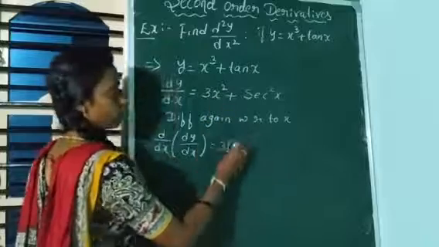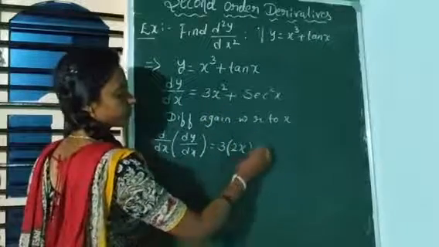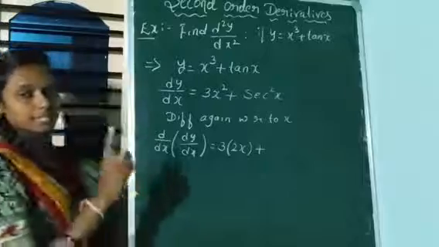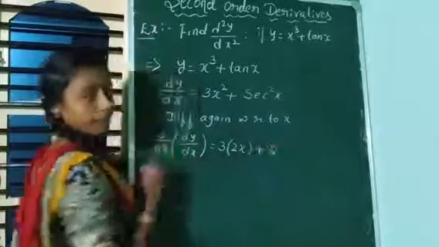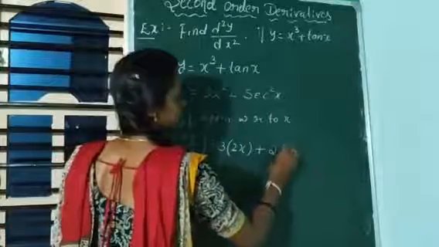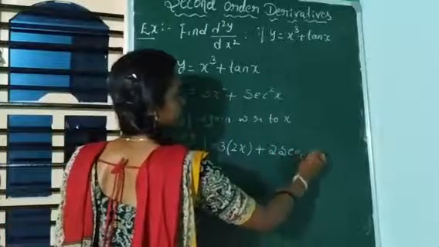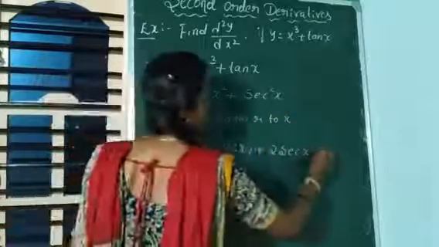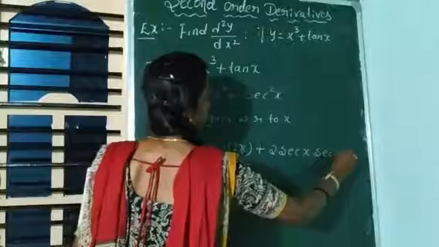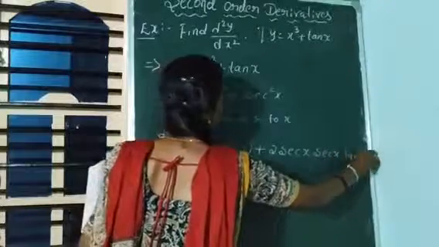The derivative of x square is 2x, plus for secant square, the power comes down as a product, and this is secant x. The derivative of secant is secant x into tan x.